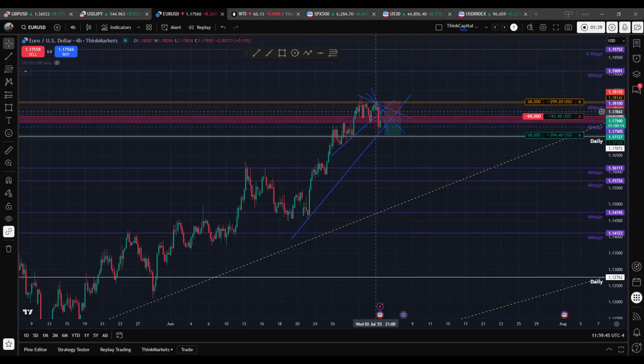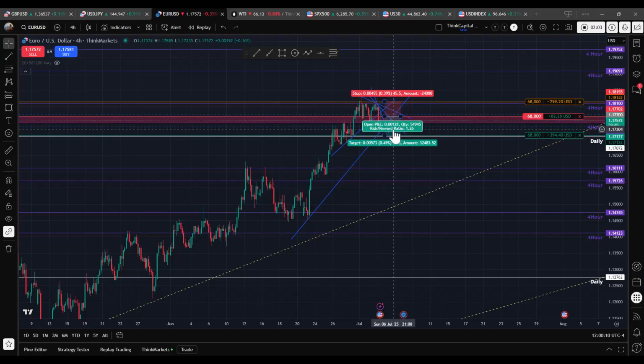So once it's broken and I have a lower low, then it tells me that maybe the price is shifting, and that's why I entered the trade right here at the retest of the previous low.